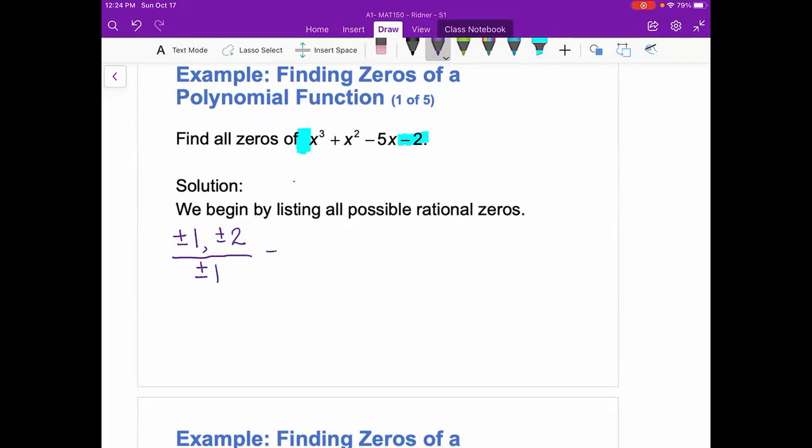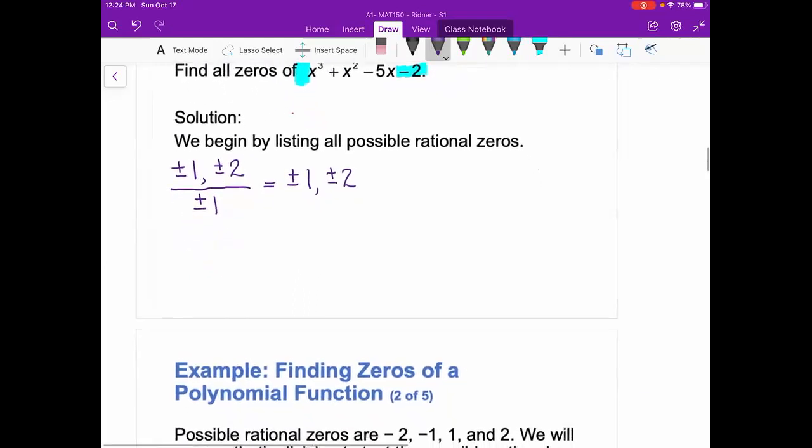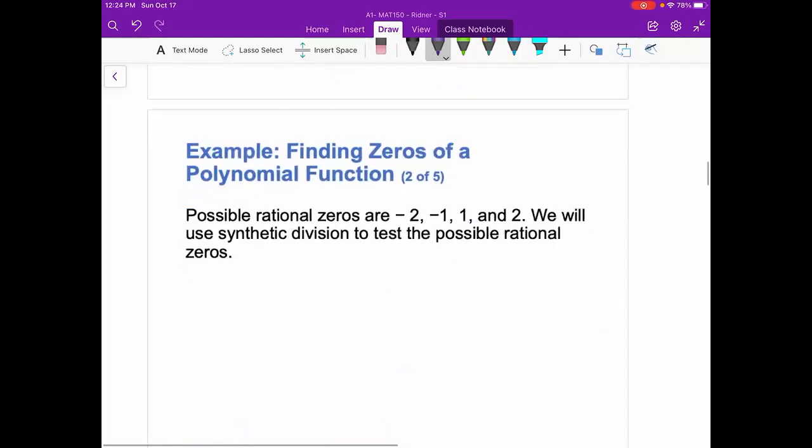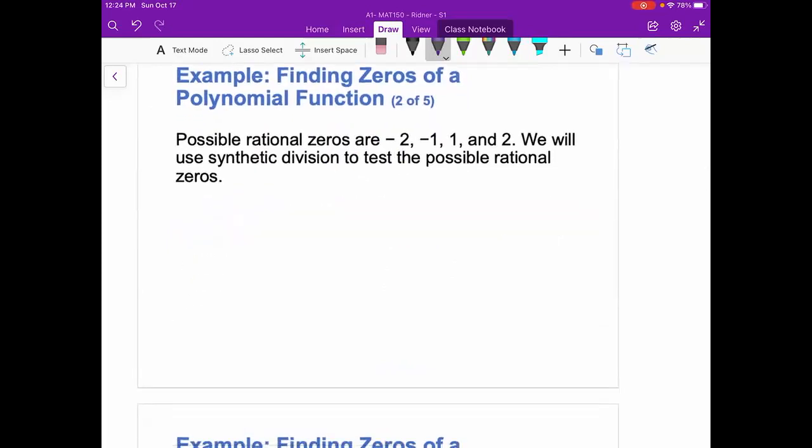So 1 divided by 1 is 1, and 2 divided by 1 is 2. So at most, I would have to do synthetic division 4 times to figure out the rational zeros, which, while not the best thing ever, is still doable. So that's what we're going to do.